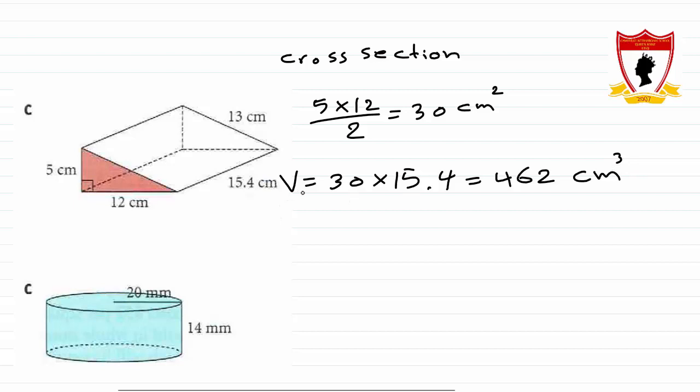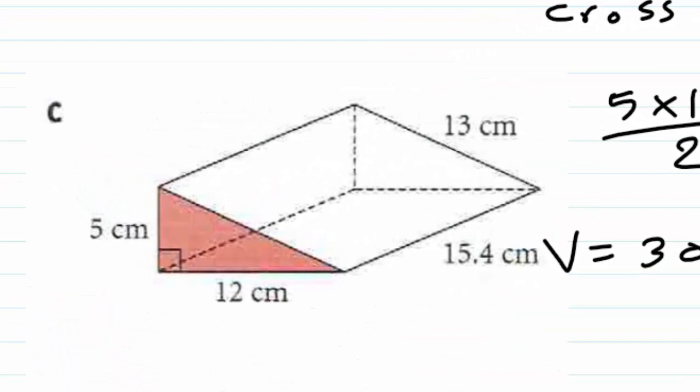To find the surface area, look at the shape. We have two identical triangles. We have one rectangle in the base, one rectangle in the back, and one rectangle on the top. We are going to find the area of each rectangle separately, and we know the area of the triangles, the cross section.